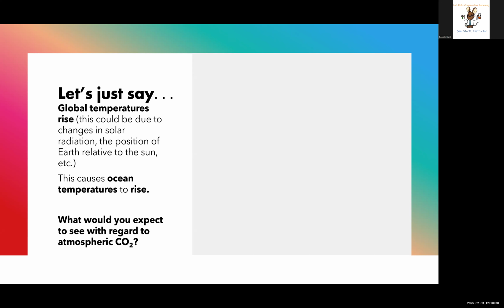So let's just say that global temperatures rise. And this could be due to anything, changes in solar radiation, position of the Earth relative to the sun. This could cause ocean temperatures to rise. So what would you expect to see with regard to atmospheric CO2? Well, you would expect to see more of it, because if the oceans are warmer, they can hold less dissolved CO2.